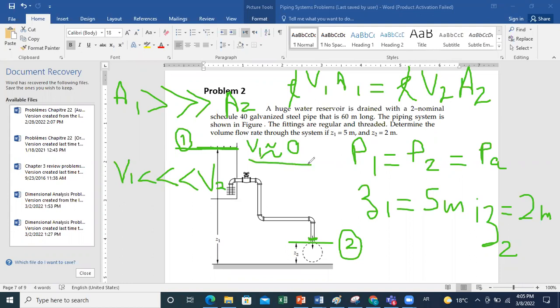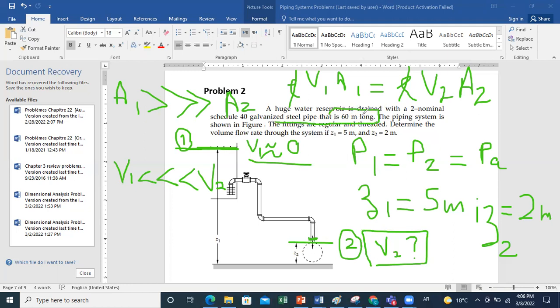Okay, so until now, we have information about pressures, we have information about elevations, we just don't know the velocity of the flow at point 2. So this is the first unknown we will deal with. Now, the second step will be to write the energy equation. When I want to write the energy equation, I should account for major losses and minor losses. So already for major losses, I know the total length of the pipe.